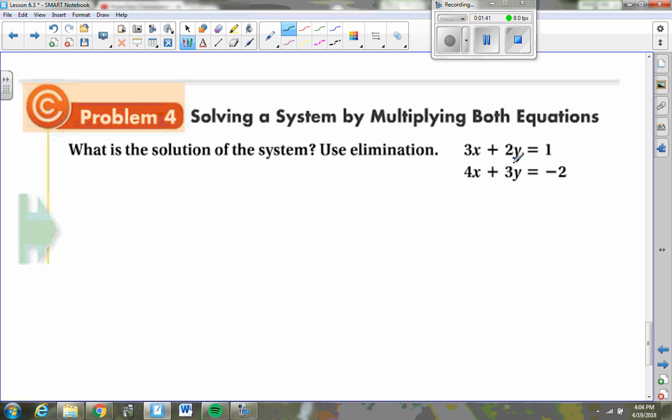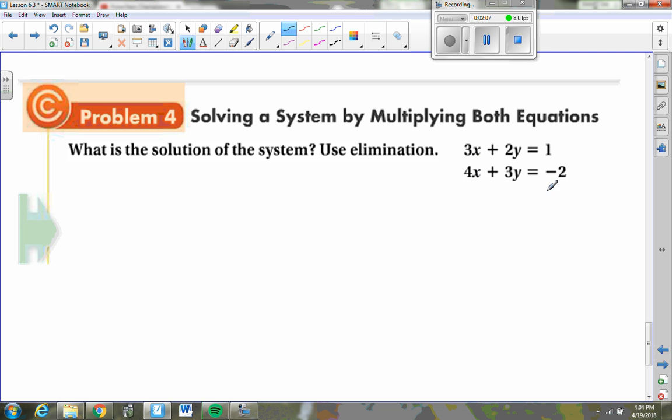And to further complicate this, neither 3 nor 2 can be multiplied by anything to turn into 4 or 3. That would match them up with the other number on the variable in the other equation. So I have to think about which variable do I want to eliminate, and then multiply both equations to make the coefficients on that variable the same.